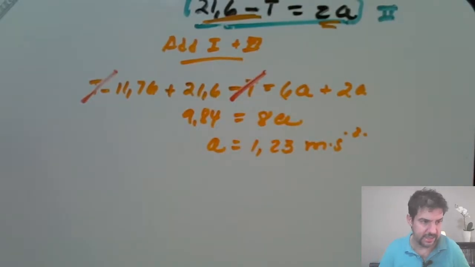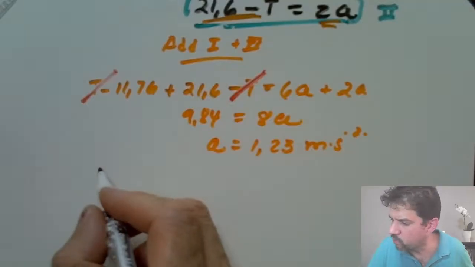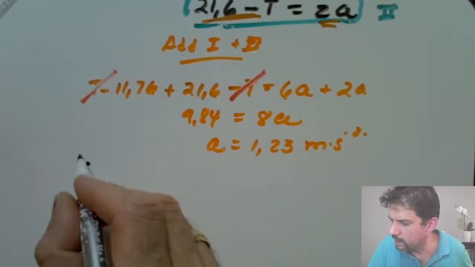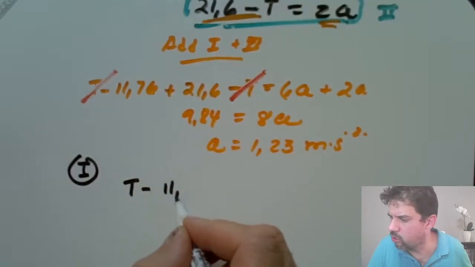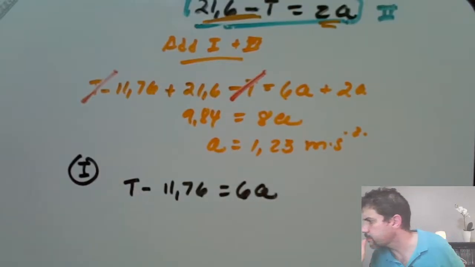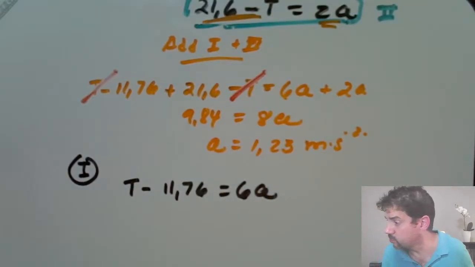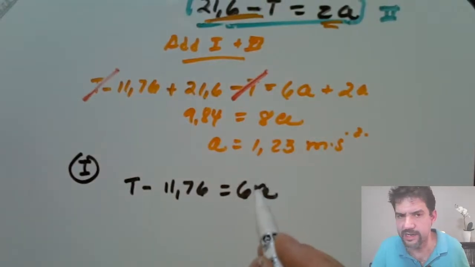Now we have to calculate the tension. For the tension, I'm going to write equation 1. So equation 1 was T minus 11,76 is equal to 6A. Just let me know if you didn't get the same answer. And then we substitute the acceleration in here.